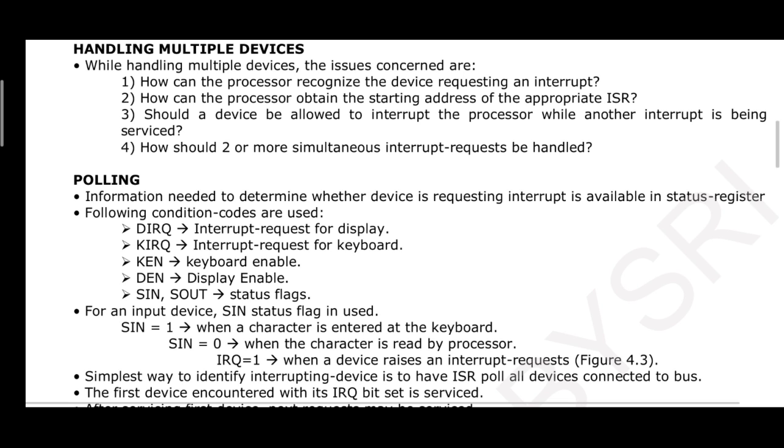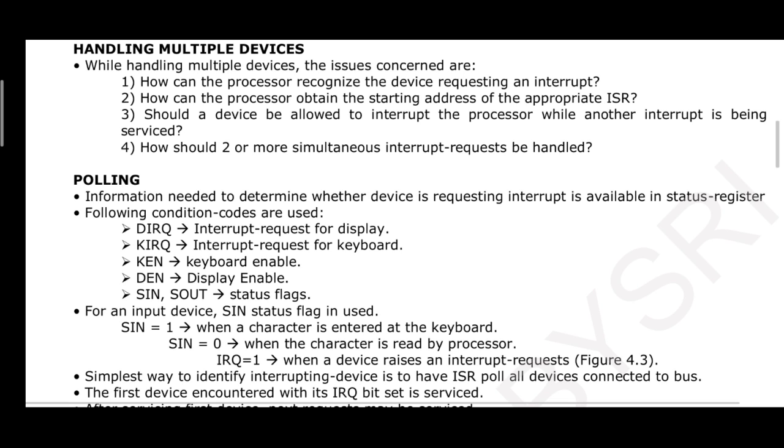Should a device be allowed to interrupt the processor while another interrupt is being served? So this is also one of the important factors. Whenever the processor is serving a device, say it is handling one ISR, interrupt service routine, then simultaneously is it possible for another device to trigger the processor or to raise the interrupt for the processor?